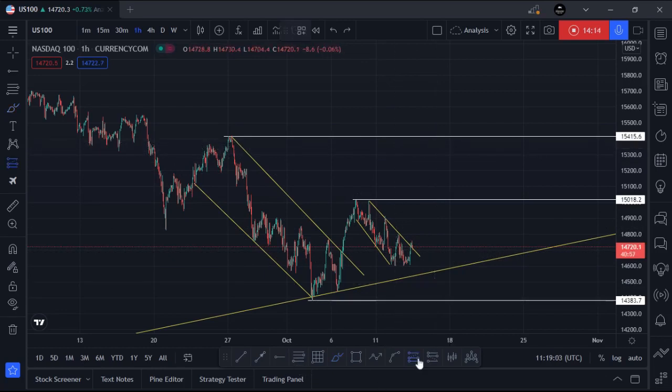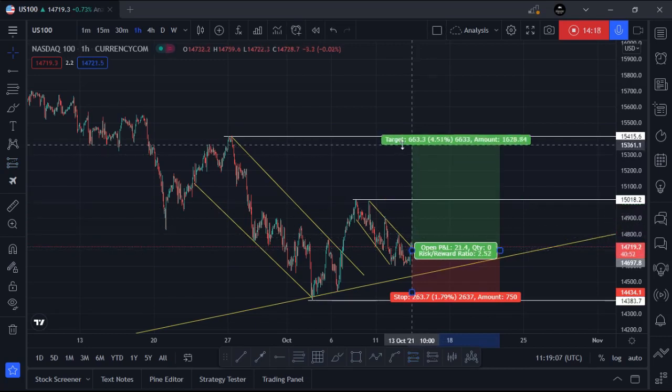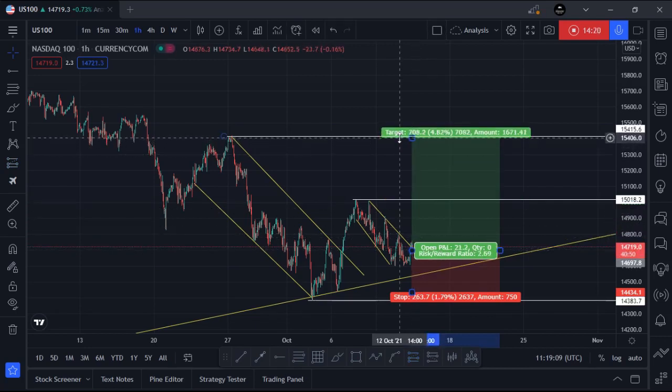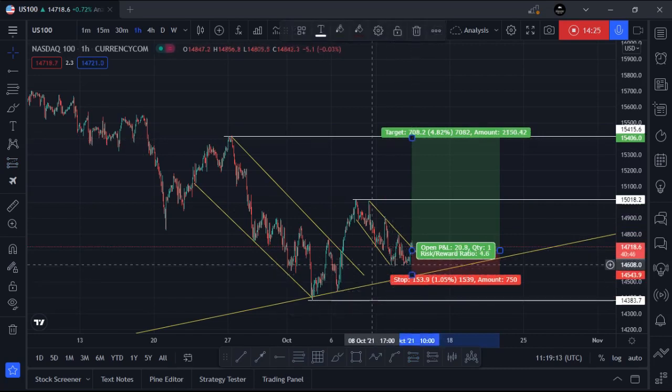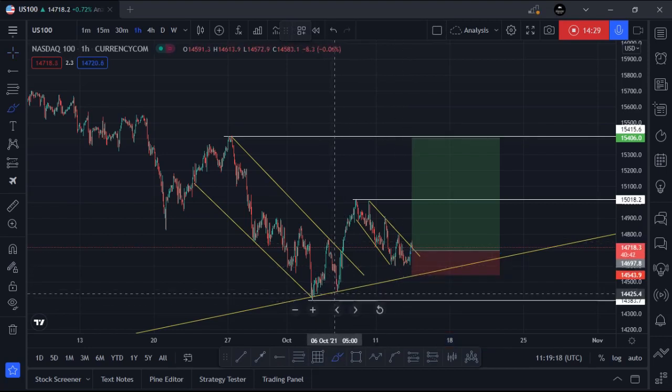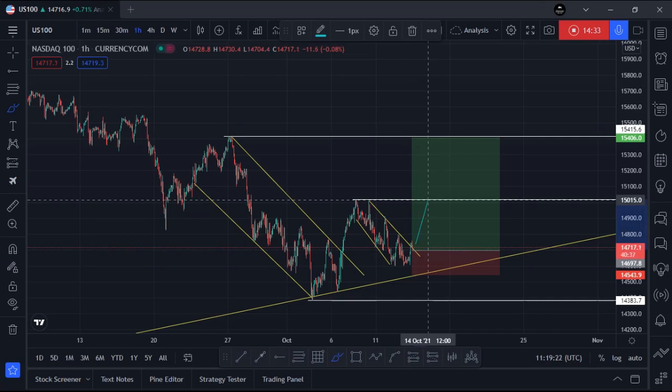Okay, so after the break of this correction, we're going to be taking our buys, and then our take profit is going to be there. So since we're taking our buys here, our first take profit is here.